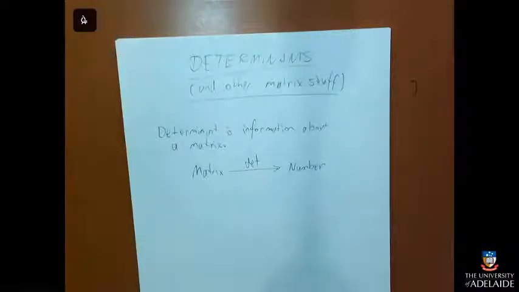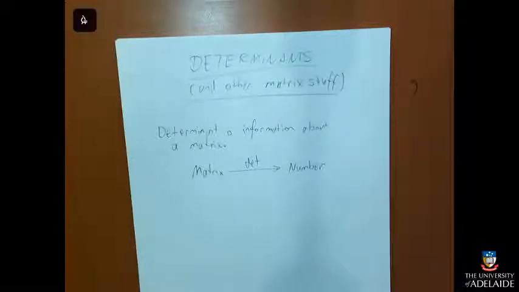And the calculation that we do is quite complex, and it gets more and more complicated the bigger the matrix gets. But what we'd really be interested in is that every time you find a new thing that you can do to an object, you want to know how that interacts with all the other things that you can do to that object.